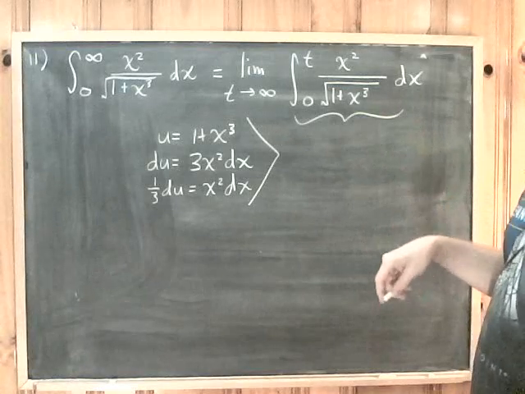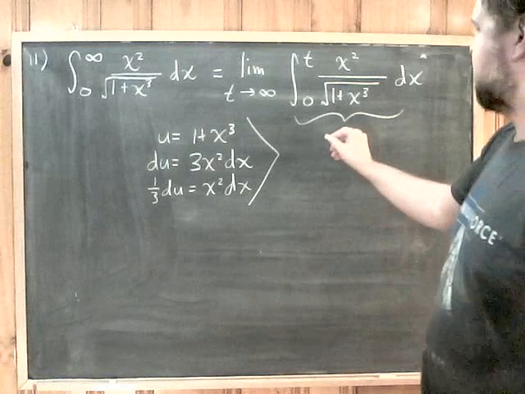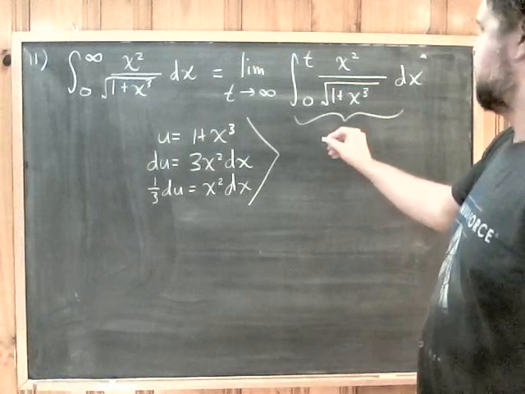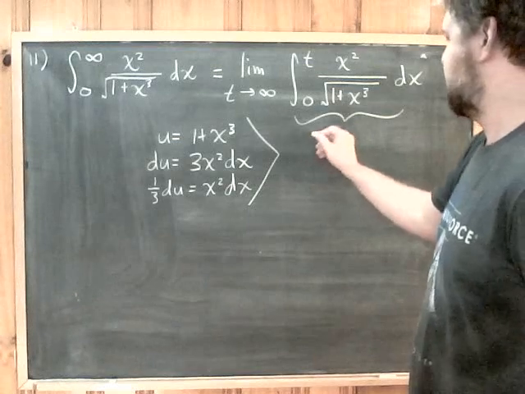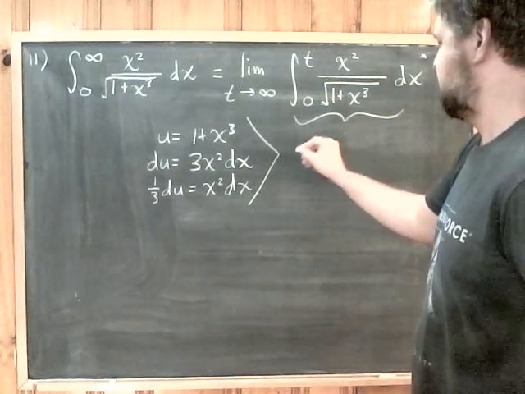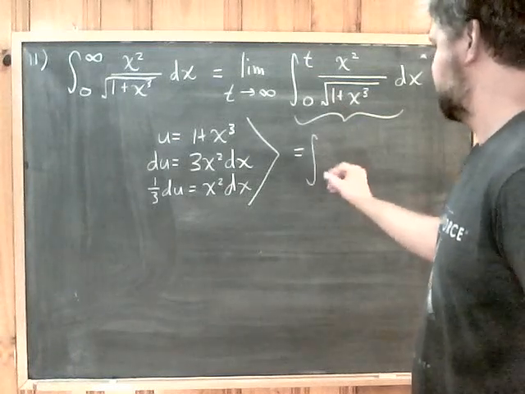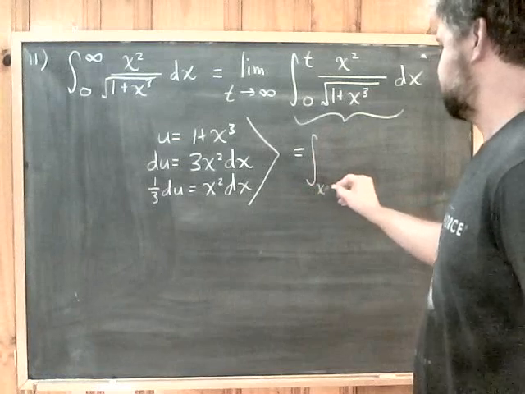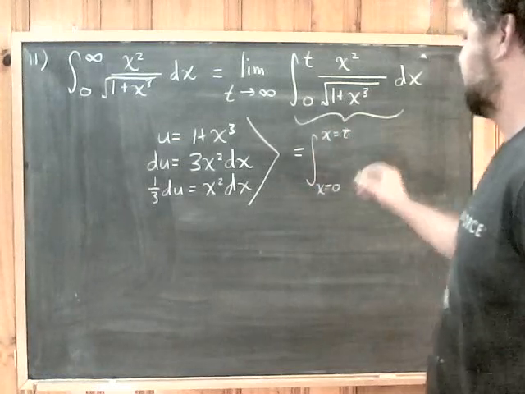To save space, I'll write limit as t goes to infinity after I take the integral. So from the u substitution, I get a 1/3. So this much of it is equal to the integral from x equal to 0 to x equal to t.